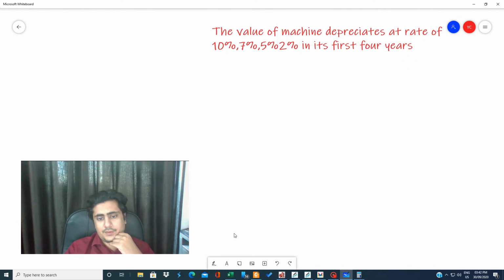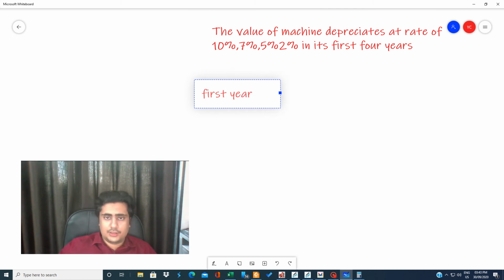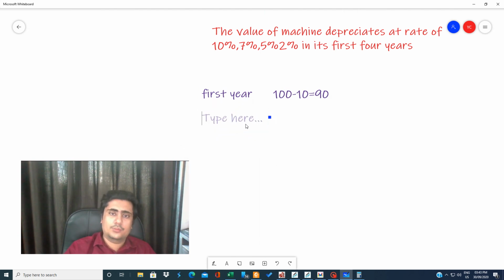Okay. So how are we going to solve? In first year, what is the data? As I told you, this is a decrement. What does decrement mean? There is something already there and you are decreasing it. So there is 100 there. 10 is decreasing, that means 90 is the value of the machine after depreciation in the first year.